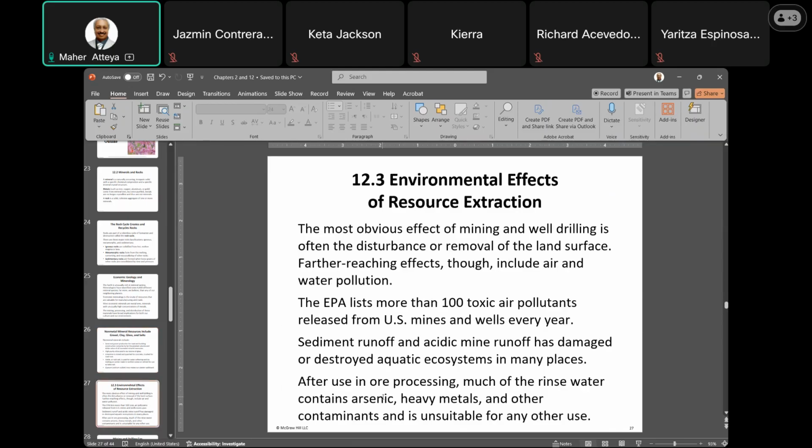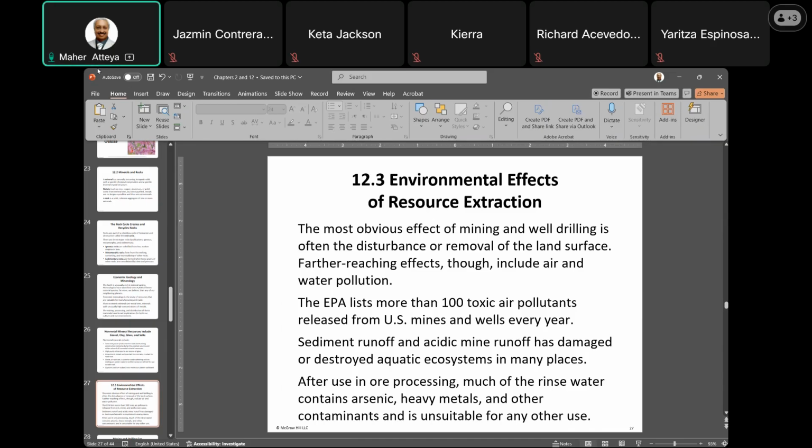Environmental effects of resource extraction. Well, the extraction of those elements, of those metals, through mining and well drilling is a disturbance of the land surface, which contributes to a lot of air and water pollution.